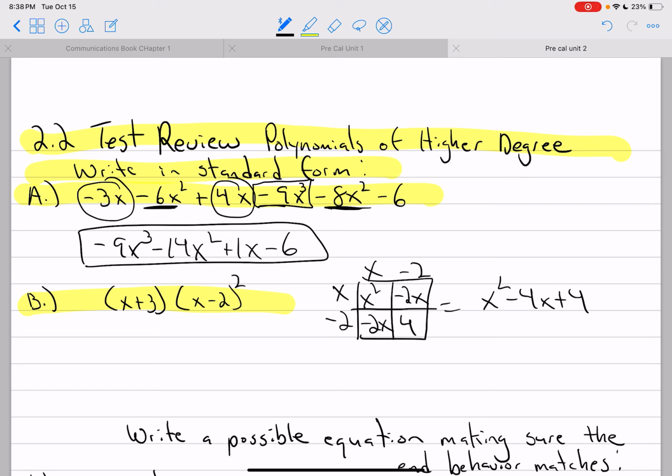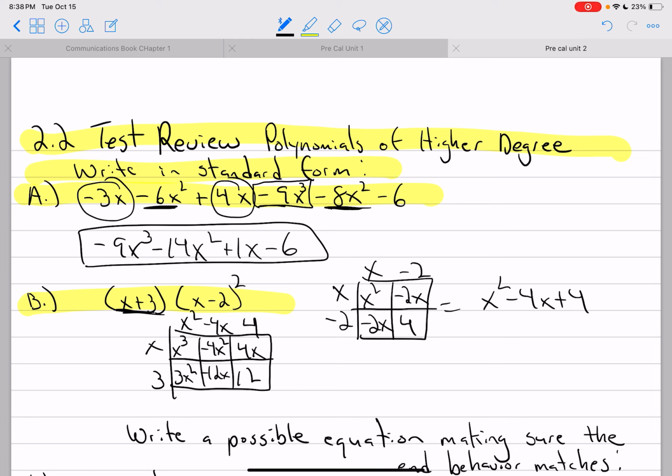I got to take that, x squared minus 4x plus 4, and I have to multiply that times x plus 3. X cubed, 3x squared, negative 4x squared, negative 12x, 4x, 12.